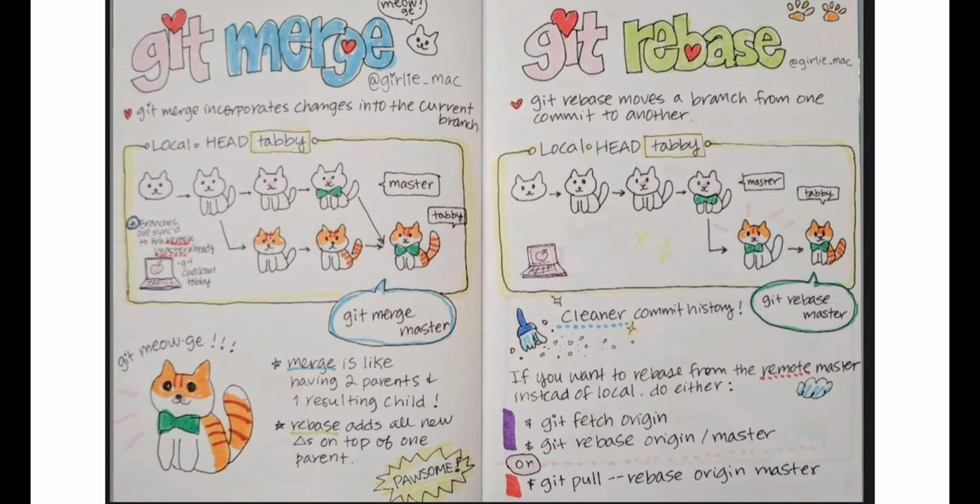Another thing, I have already said about Git merge. Additionally, if you want to merge two parents and one child, you can use the Git rebase command and add the new one on top of one parent. Here the Git rebase command.